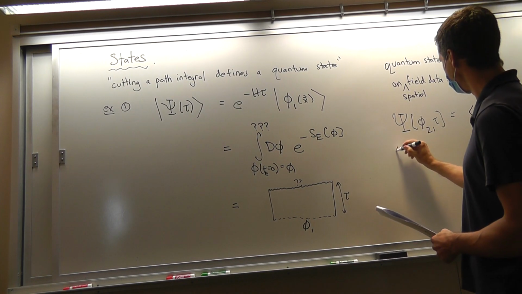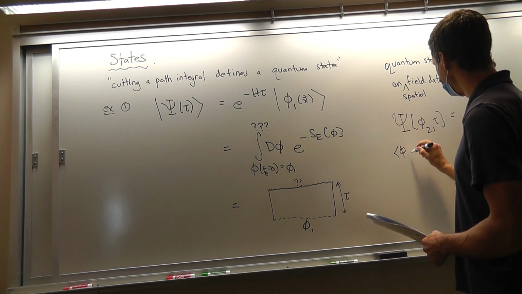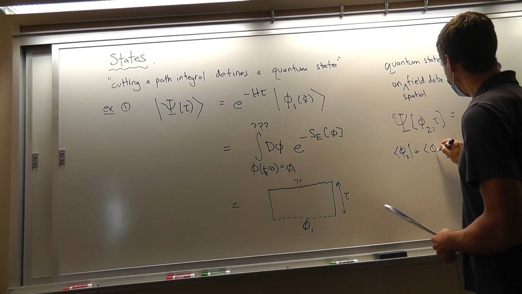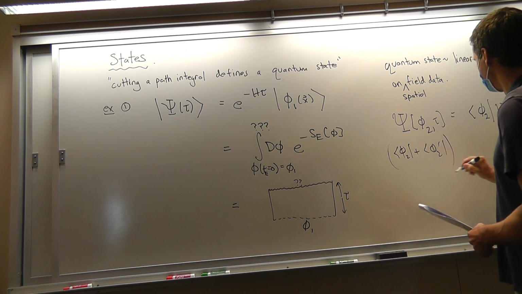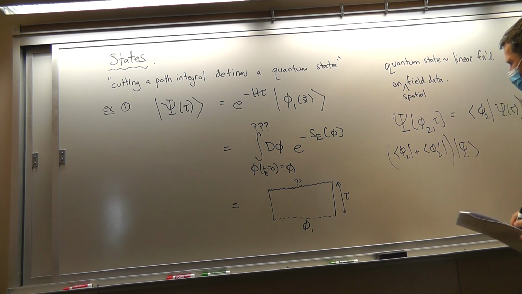So that just means that for phi 2 plus phi 2 prime, psi has the sum of the wave functions; they just add. But is this expression useful? The fact that the wave functions add?